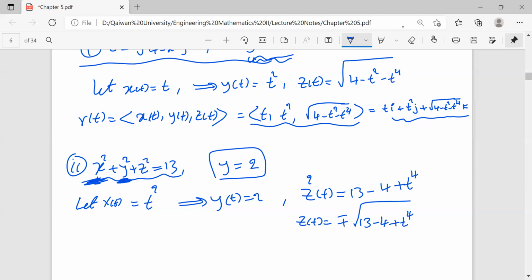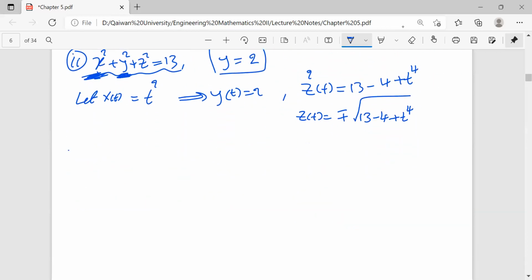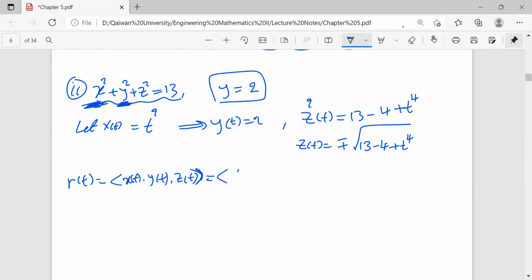We now have x of t, y of t, and z of t. We just write them between angle brackets, which will be the vector valued function. We say r of t equals x of t, y of t, z of t, and this equals x of t is t squared, y of t is 2, and z is plus or minus square root of 13 minus 4 plus t to the power 4.